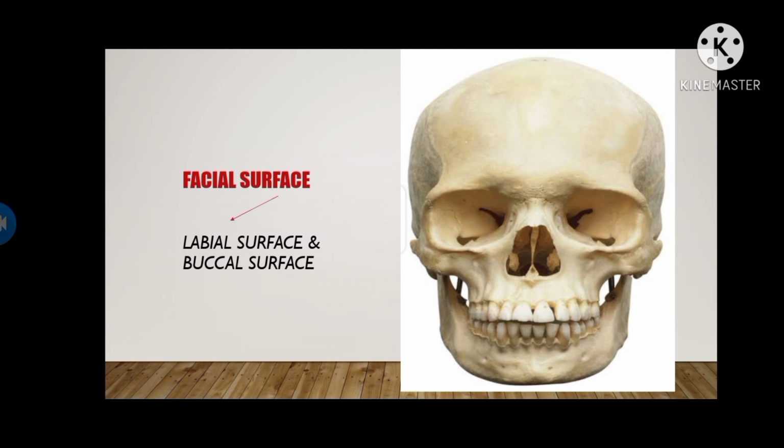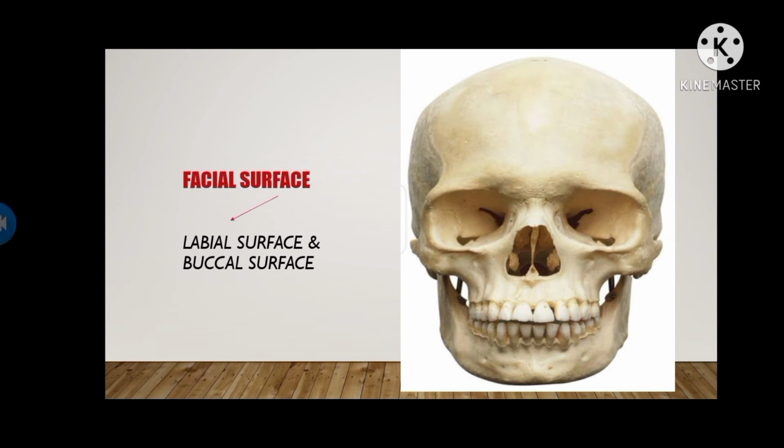In anterior teeth, that is in incisors and canines, or we can say from canine to canine, the surface which is facing the lip portion, that is towards the lips, is called the labial surface. In posteriors, meaning premolars and molars, the surface which is facing the buccal portion, or the cheek part, is called the buccal surface.